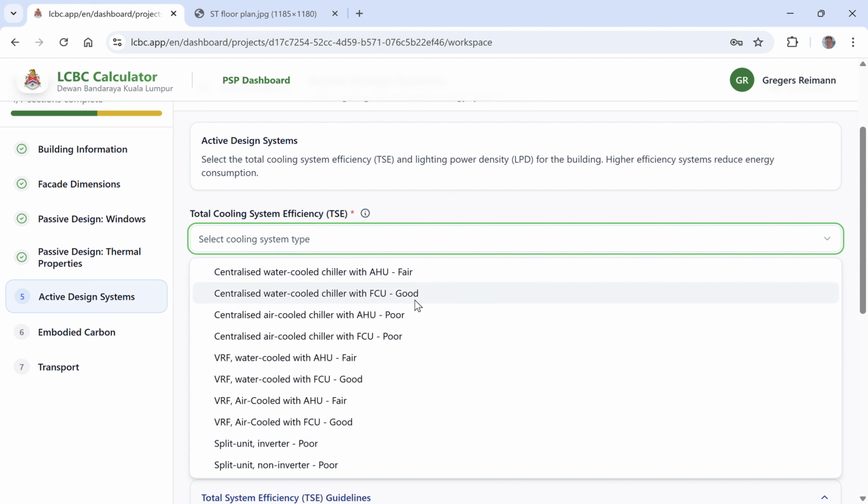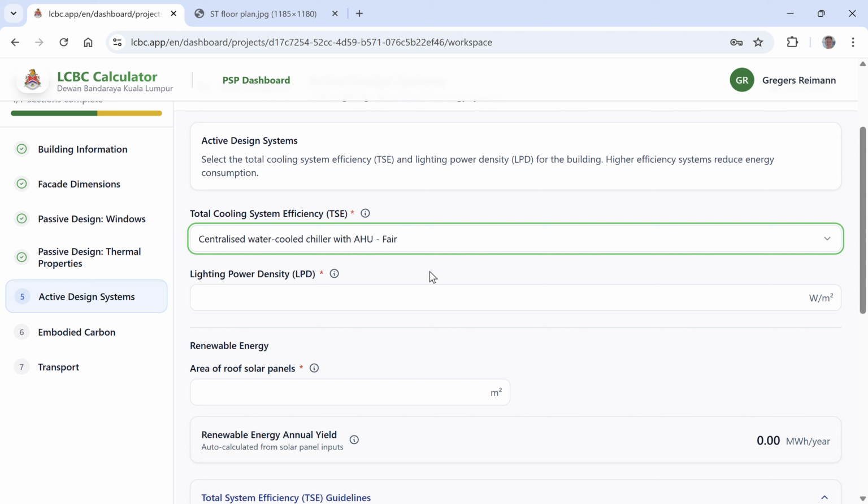So if you know you have a centralized system, and in this case, let's say we want a water-cooled system with AHU, then you just choose that, and you can see on the efficiency side, it has a fair energy efficiency. So you're not allowed to type in any numbers.